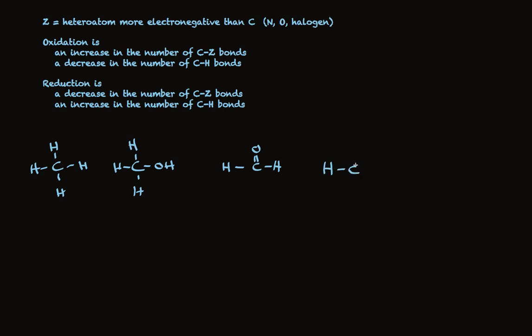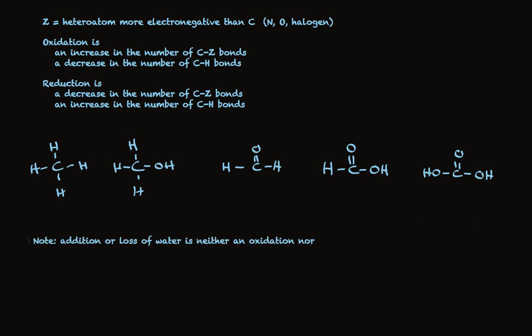We are decreasing the CH bonds at the same time that we're increasing the CZ bonds. And this is a higher oxidation level. There's only one more level you can reach before you're at the very top. So when you look at compounds, you can think of this series, recognizing that here are examples of an increasing oxidation level from most reduced to most oxidized.